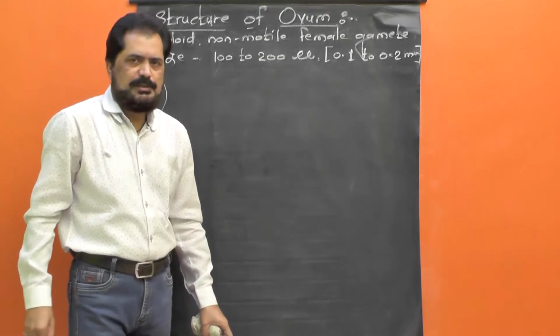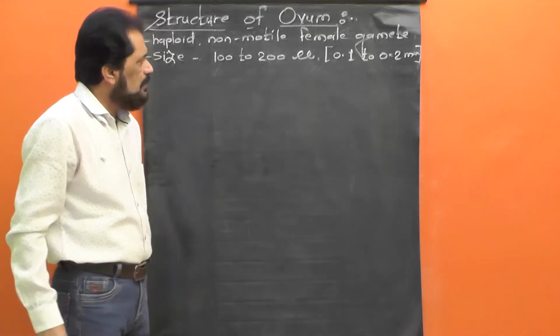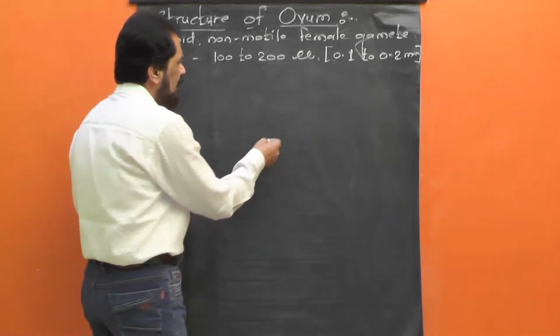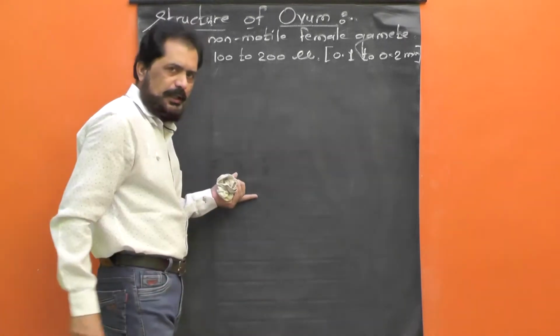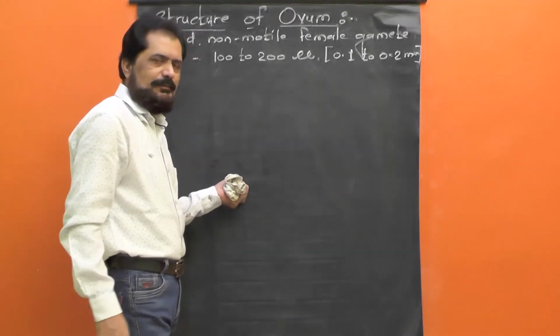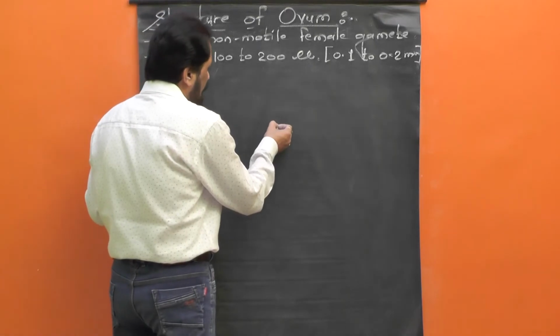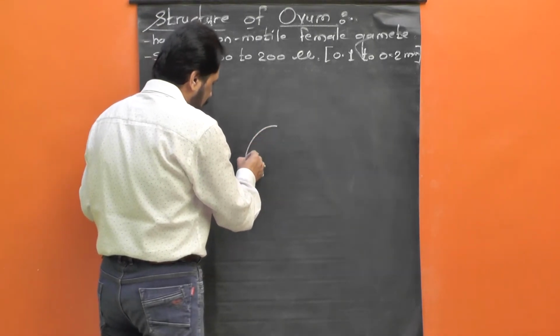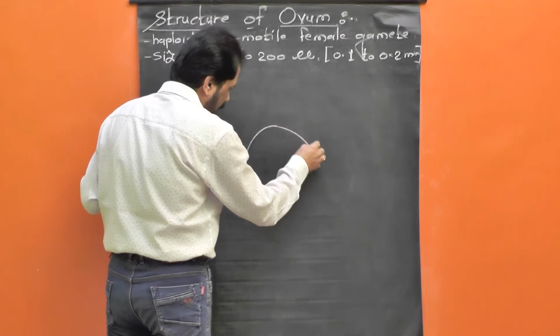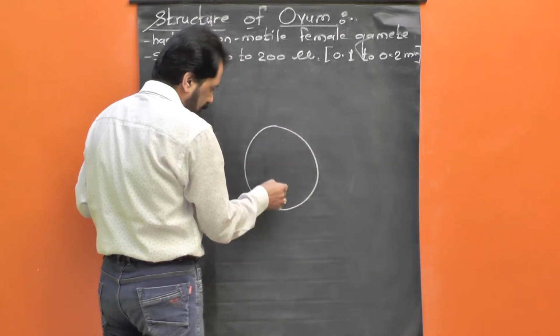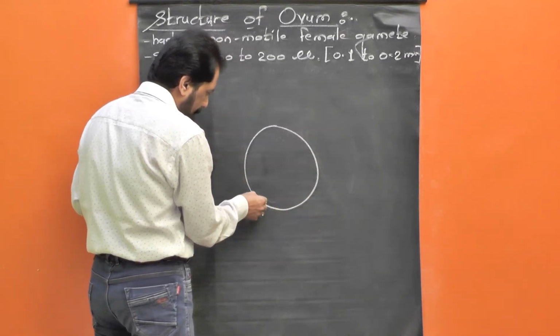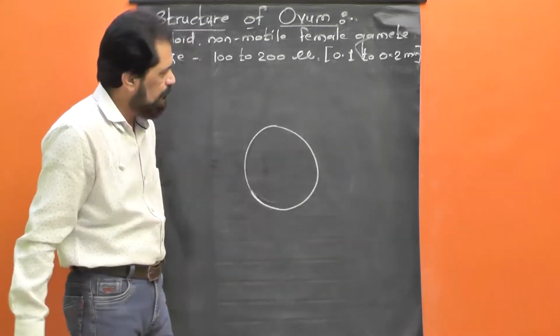Now let us see about the structure. Of course, the ovum is spherical in shape. Here I am going to draw a diagram and simultaneously I will explain to you. The ovum is somewhat spherical in shape.